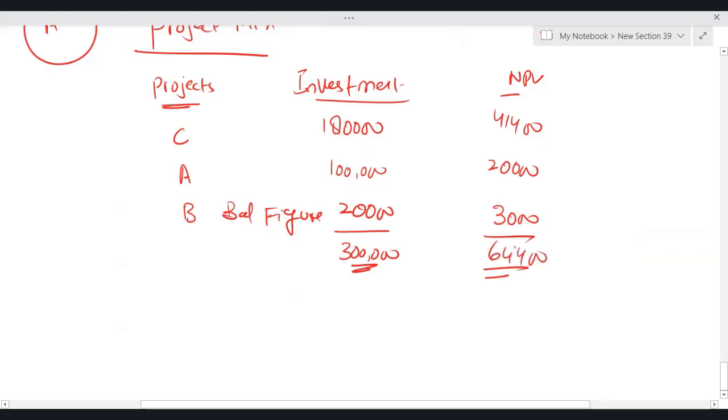If I ask what is the NPV per dollar invested, we simply take 64,400 divided by 300,000.